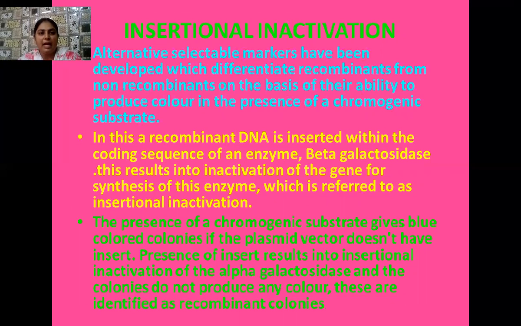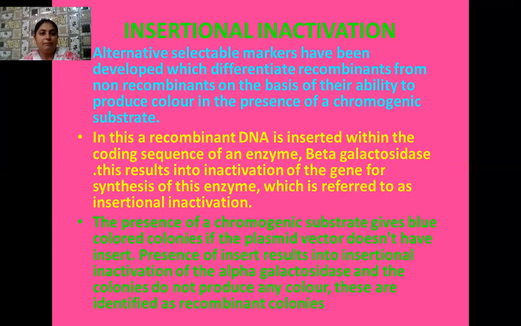If we have inserted some new gene in some vector, whether it enters the progeny cell or not, or whether the progeny cell becomes a transformant or not, we can easily find out with the help of a chromogenic substance. If the cells become transformants, then they do not produce blue color.